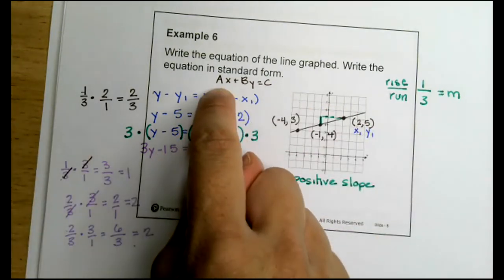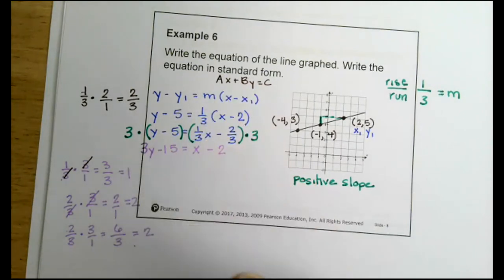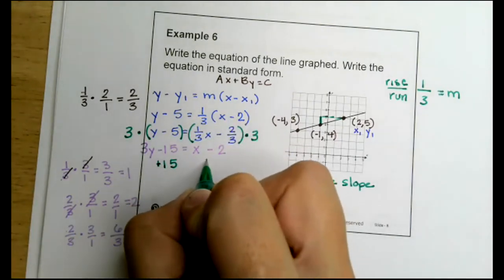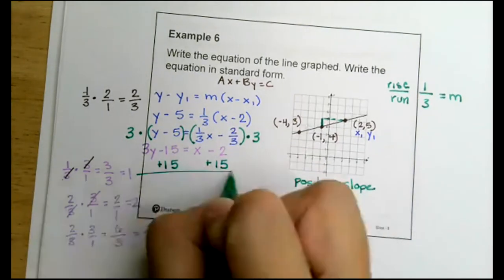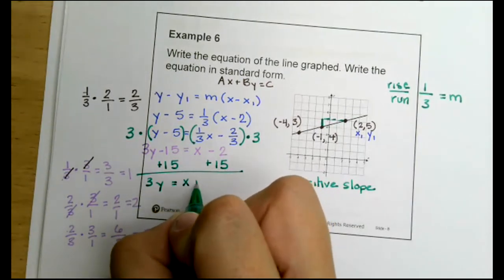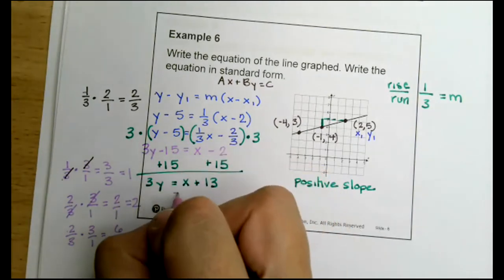And we want it in standard form, so we want the x over here and the 15 over here. So I'll add 15. 3y is x plus 13, and then I'll just move that x.